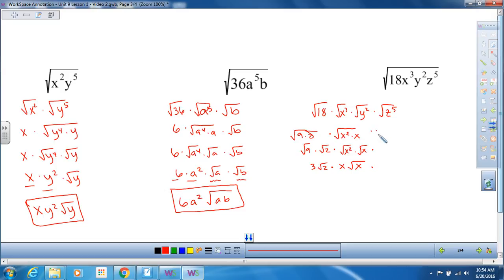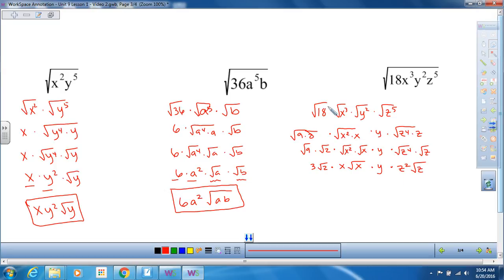Well, square root of y squared is just y. Okay, that one was easy. And then my z to the 5th, I will write as z to the 4th times z. Separate those. Square root of z to the 4th is z squared, so that comes outside. And then you have a z left over on the inside.